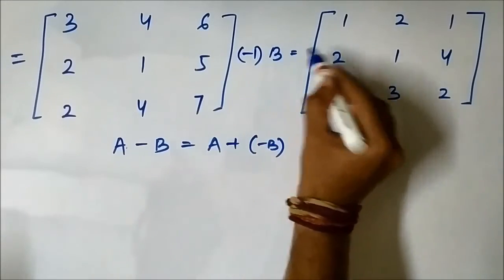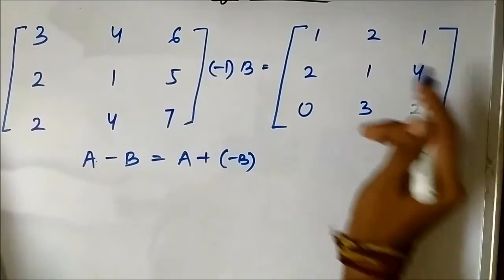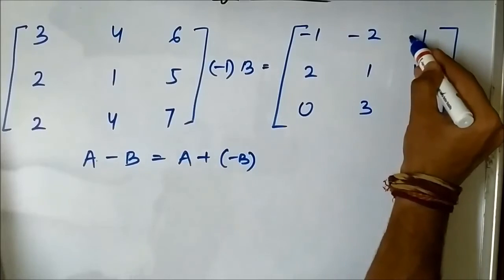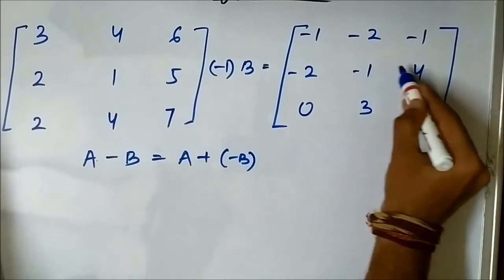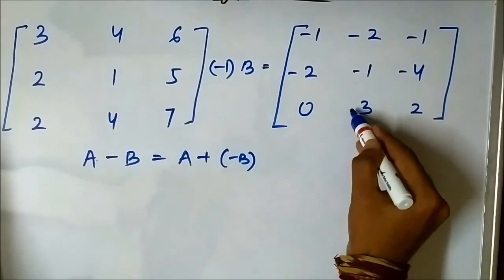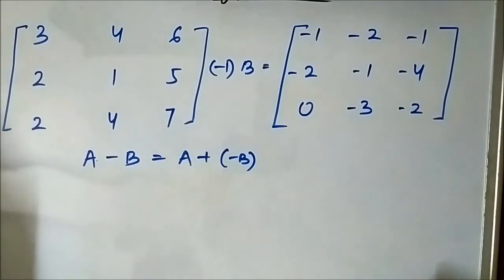If we multiply B with minus 1, we will get this. This is 0, so it's like this.